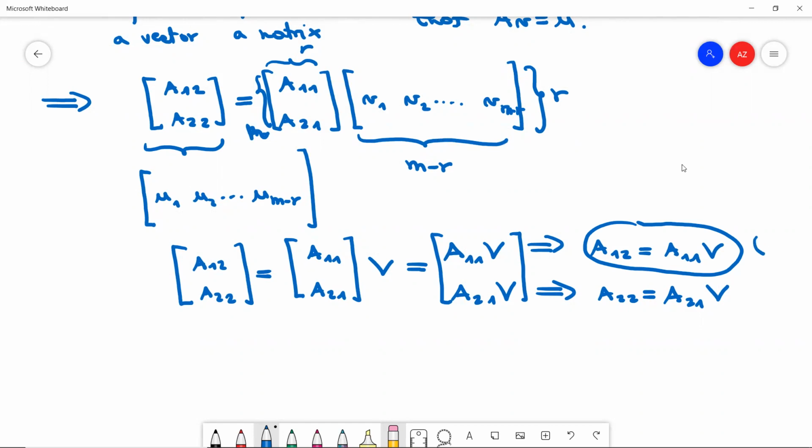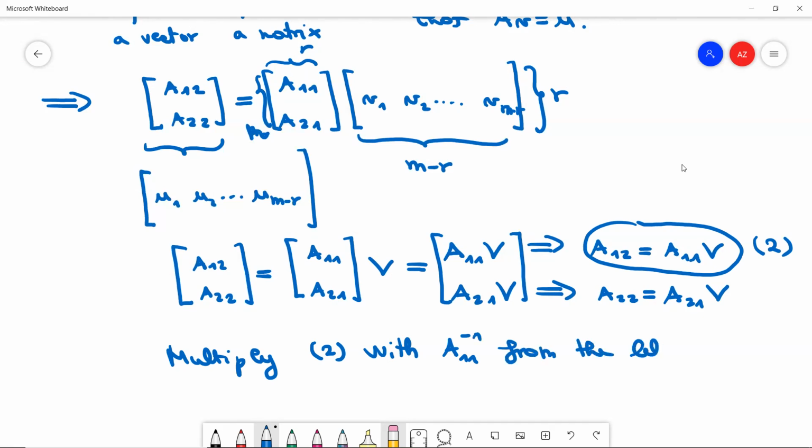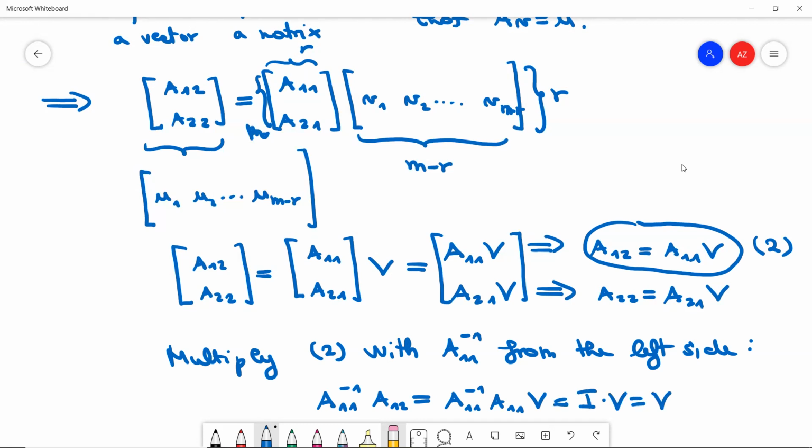So we multiply 2 with the inverse of A11 from the left side, and what we get is A11 inverse A12 is equal to A11 inverse A11 V, but this is just identity times V, so this is V.